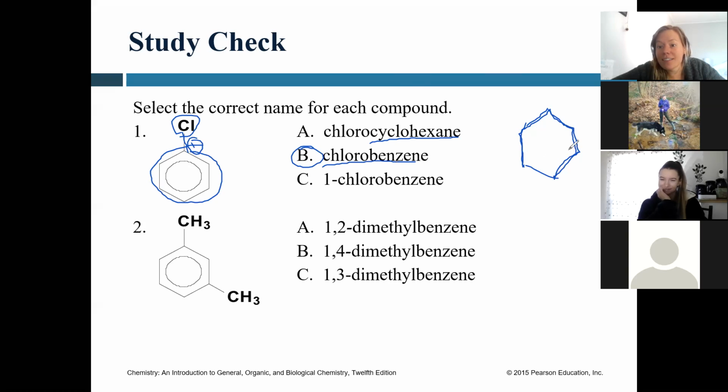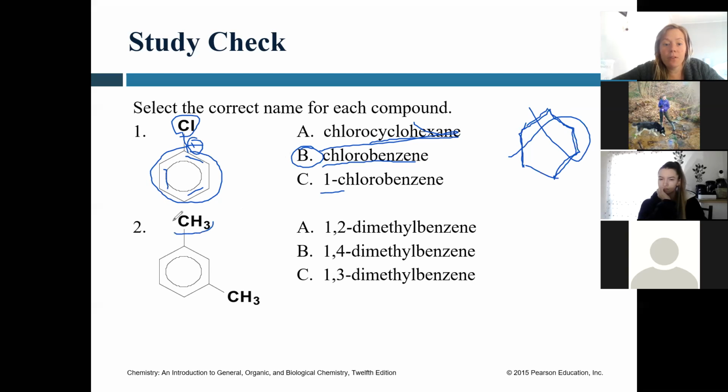There's no circle in the center, okay? If there's no circle in the center, these are all single bonds. Here, remember, we've got that double bond that's oscillating around. So we don't want to call it cyclohexene. We don't need to denote that it's on the 1, so we would just call this chlorobenzene. This guy here, we could call it toluene, but they're not calling it toluene because they're not expecting you to know the everyday names.